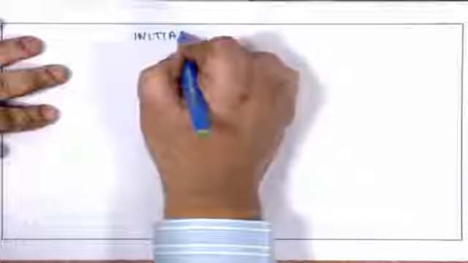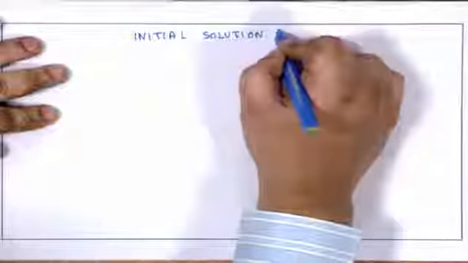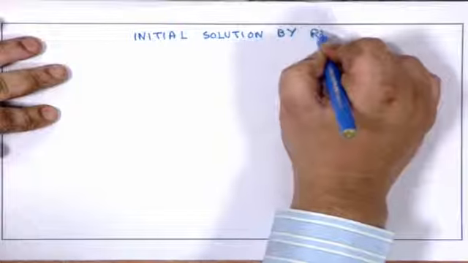Now, as soon as you have these multiple alternatives, that brings us to the core topic of this methodology of algorithm design: initial solution by recursive definition.